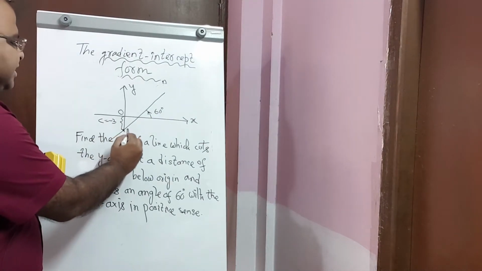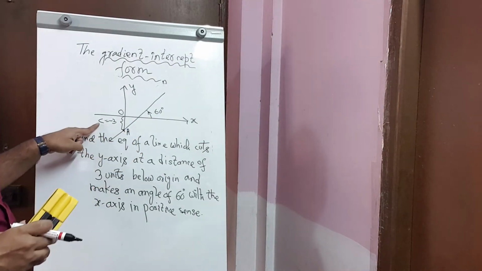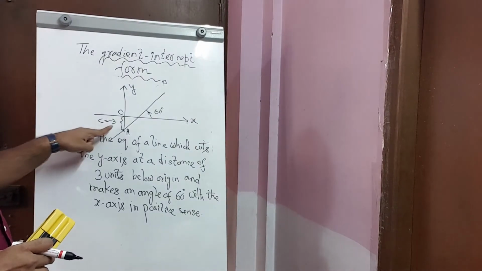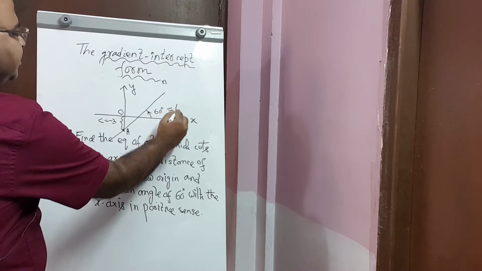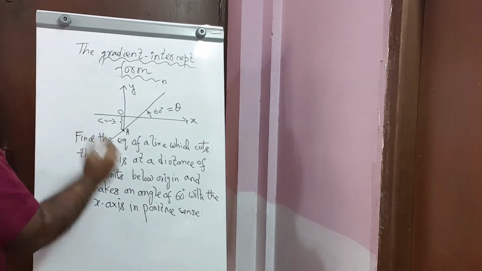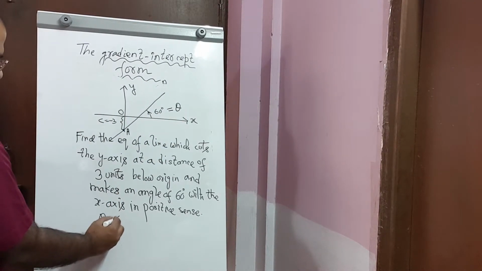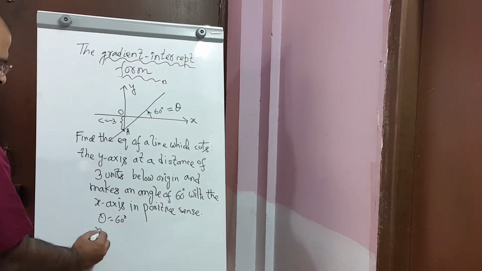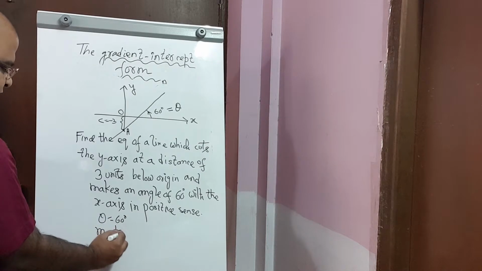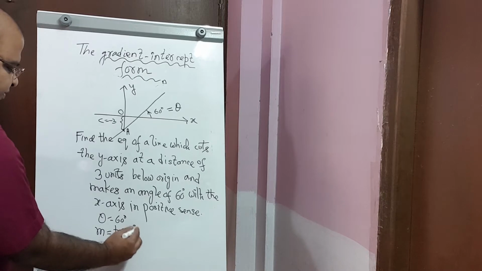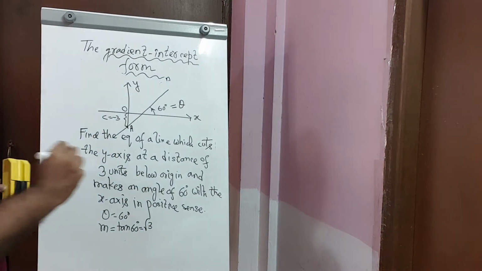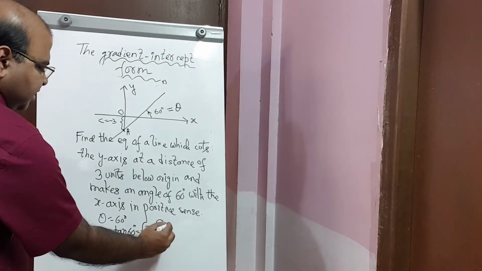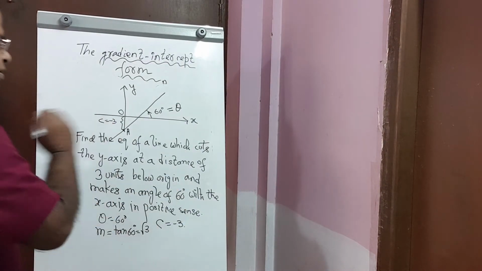So c is taken as minus 3 and theta is 60 degree, which means m, which is tan theta, that is tan of 60 degree, is given by root 3, and the y-intercept c is minus 3 units.